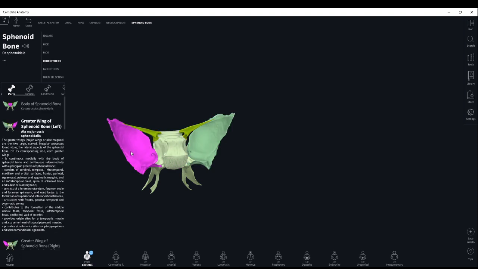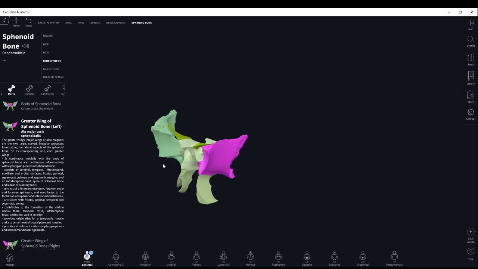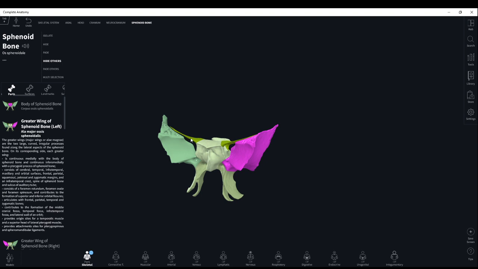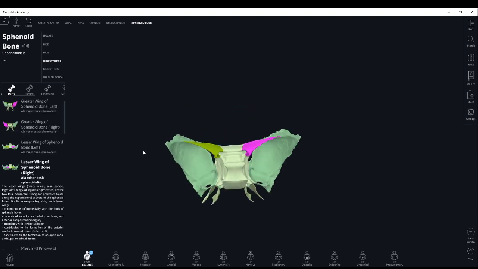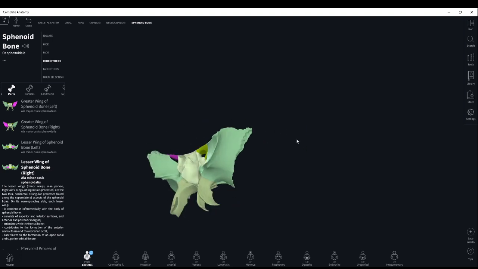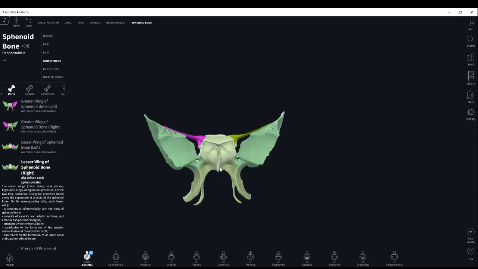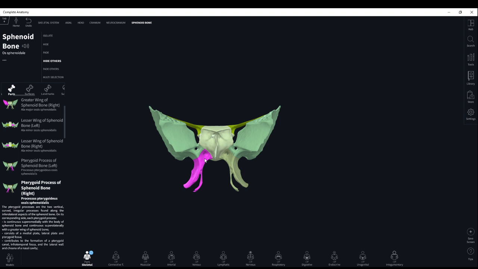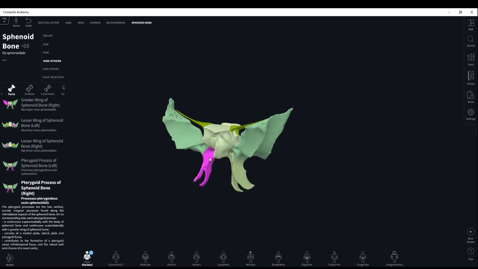First, it is the greater wings, ala major ossis sphenoidalis, paired for both sides. Lesser wings, ala minor ossis sphenoidalis. And two processes which direct downward from the body and have two laminae. It is the pterygoid process of the sphenoidal bone.